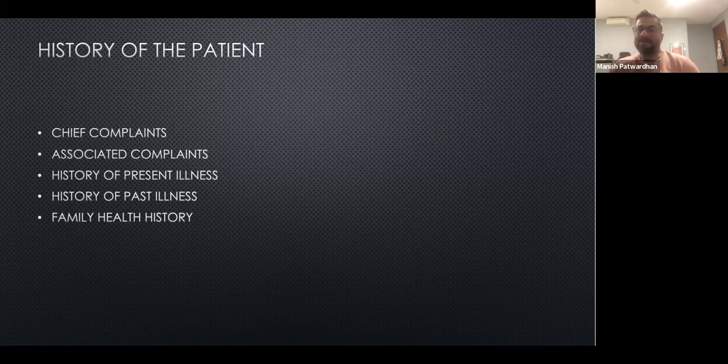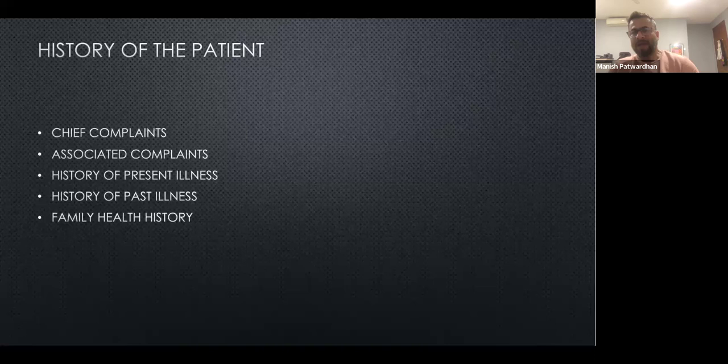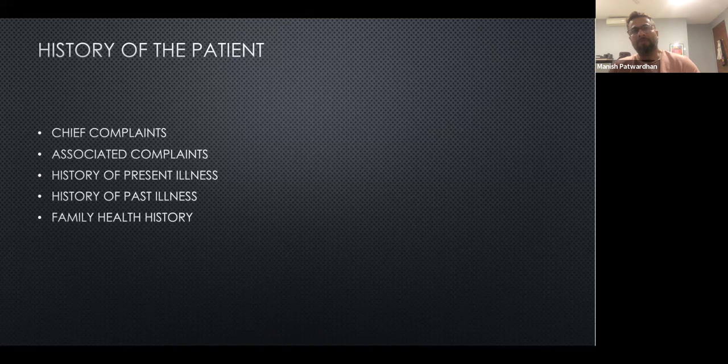Then the next thing that the person has to write down is associated complaints. Associated complaints are complaints for which the person has health problems, but may not be showing the signs and symptoms right now, or may not be important for that person right now. So say, for example, the person has come to you with a chief complaint of knee pain, and the person also has a back problem.